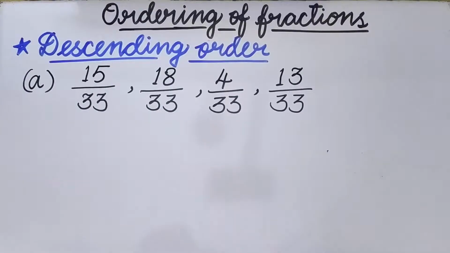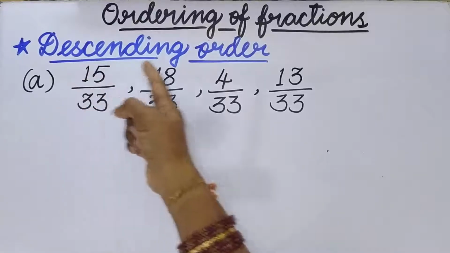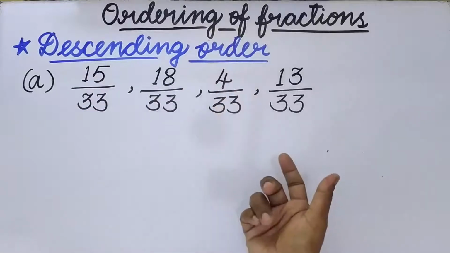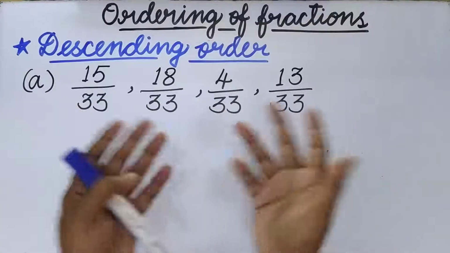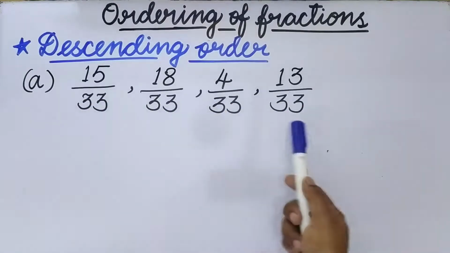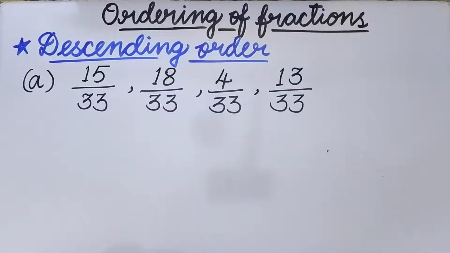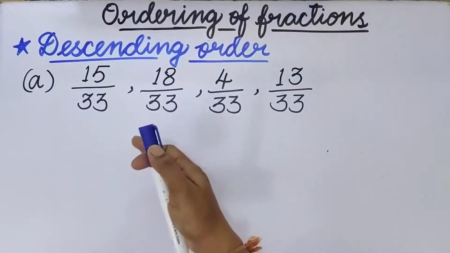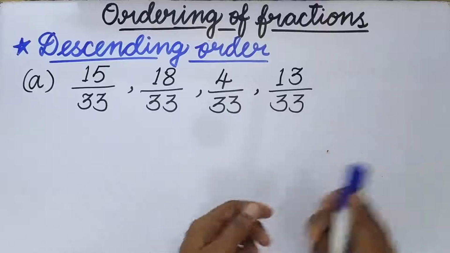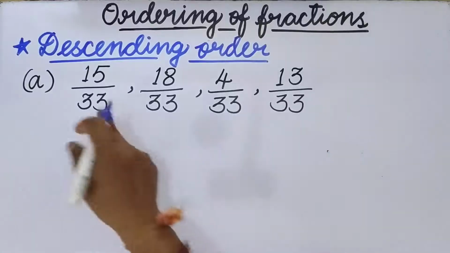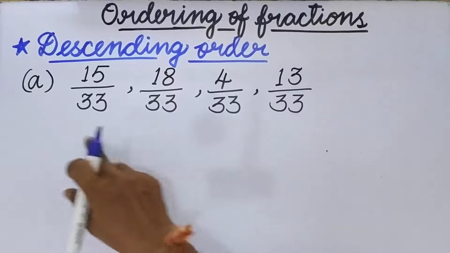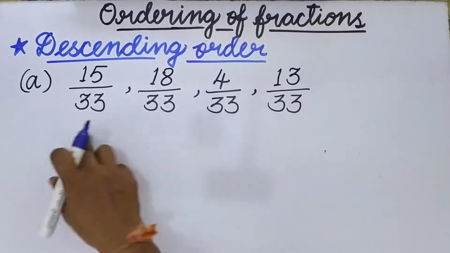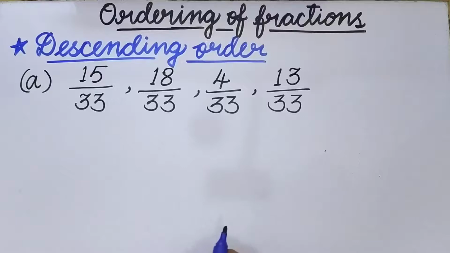Now, another way of arranging the fractions, that is descending order. What is descending order? Arranging the fractions from greater to smaller. As we know how to compare like fractions, here we'll compare the like fractions and arrange them in descending order. So, while arranging in descending order, we need to check which is the greatest fraction among these given fractions.